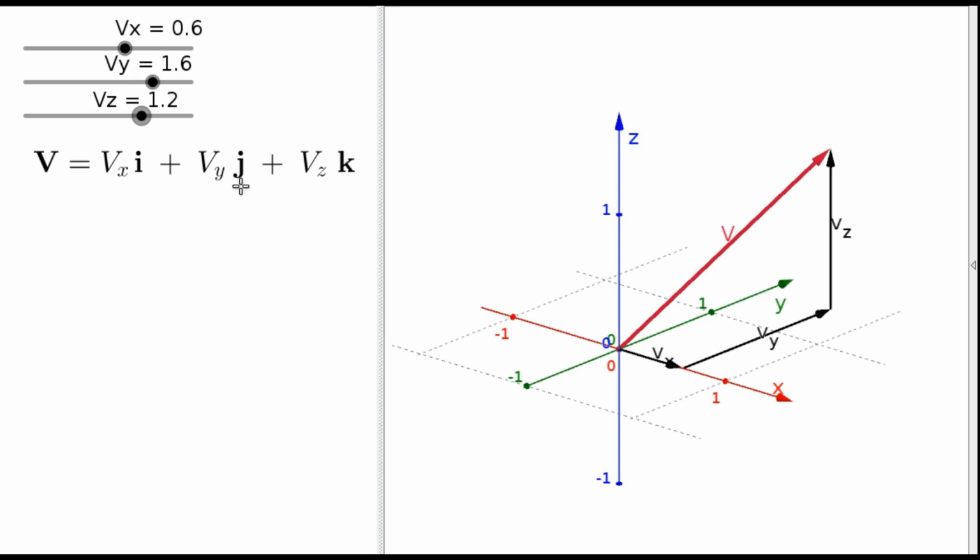J is a vector of length 1 going in the y direction, and K is a vector going in the z direction of magnitude 1. So if we multiply by the magnitudes of these projections, again, these letters are not bold, so they're just numbers, we can add these together and get our vector.